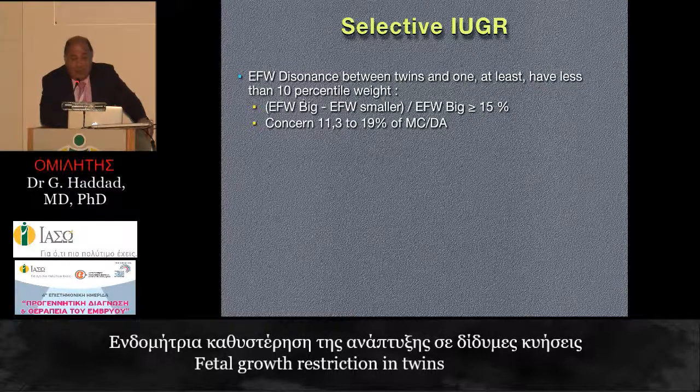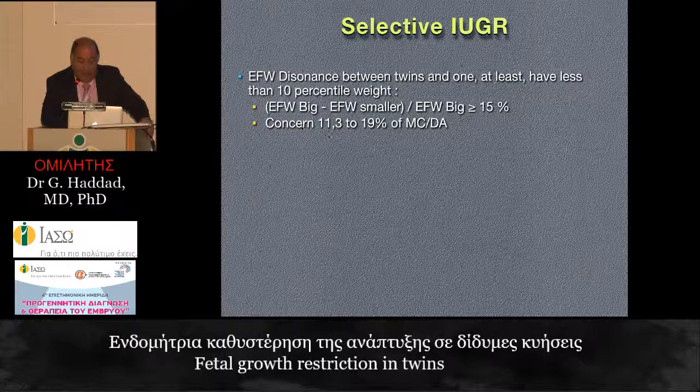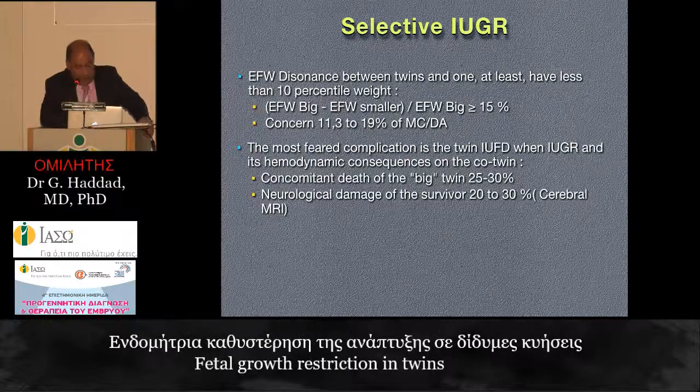So selective IUGR concerns 11 to 19% of at least one of the two twins in monochorionic diamniotic pregnancy. And for sure, the most important complication in this problem is intrauterine fetal death.